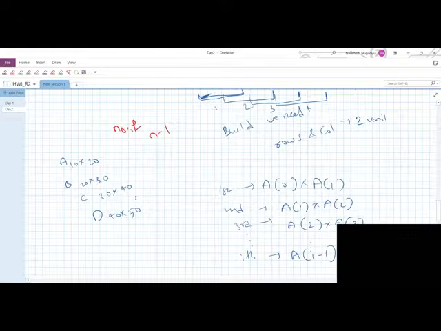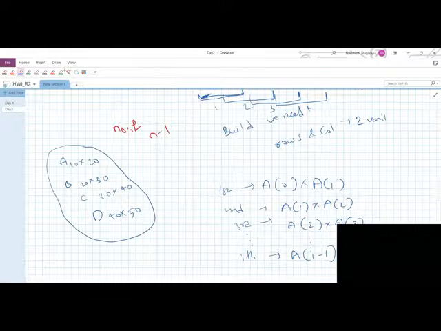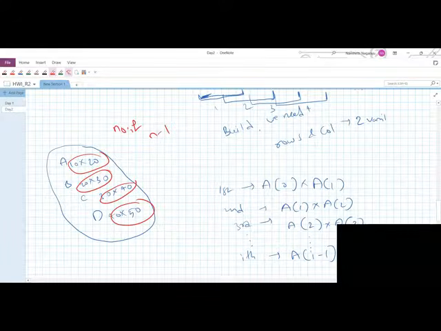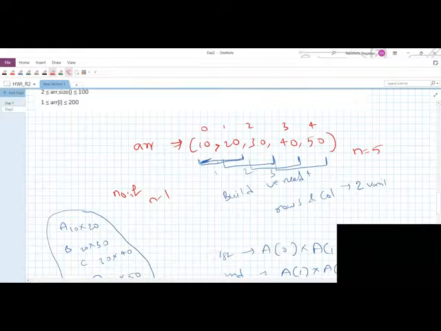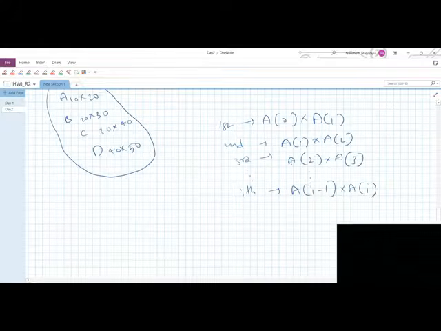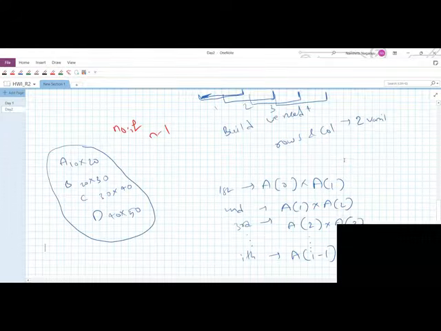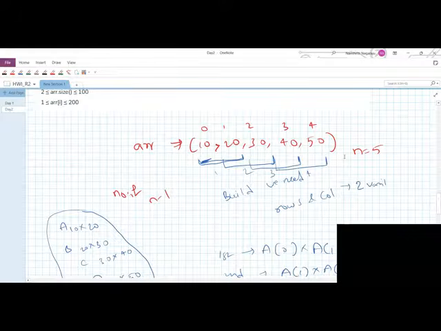To calculate that, we need the dimensions, but they will not give these dimensions directly. They will give them in an array, and here we saw how we can get the dimensions from the array. If you understand these two things, we can move to the next step, trying to solve the problem.